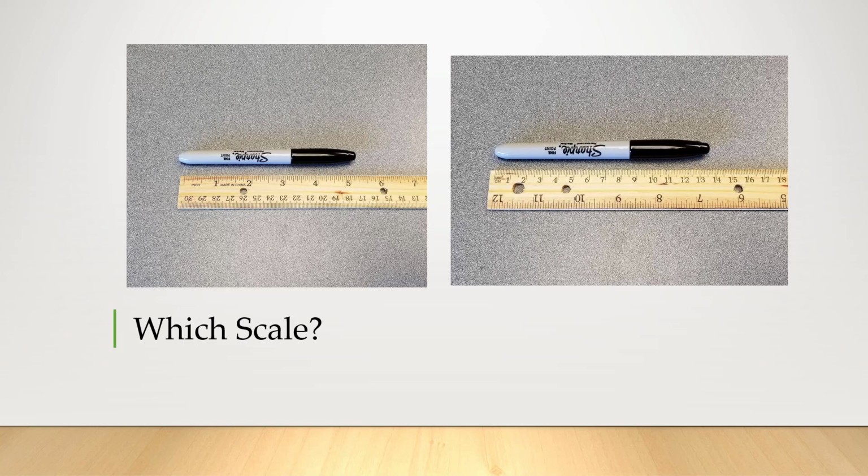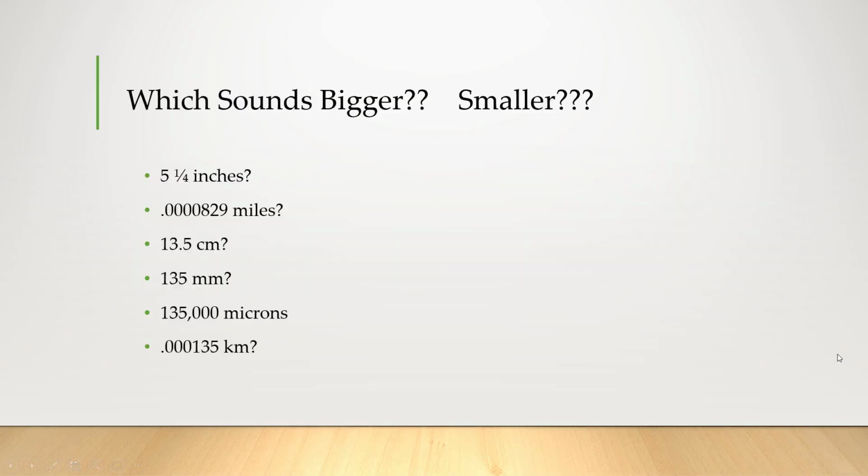So when you're reading something, and maybe it's a study that's measuring something in a different type of measurement that you've never heard of, it is important to know that scale, because all of these are the same measurement of that Sharpie, but they're all in different sizes and different types of measurements.